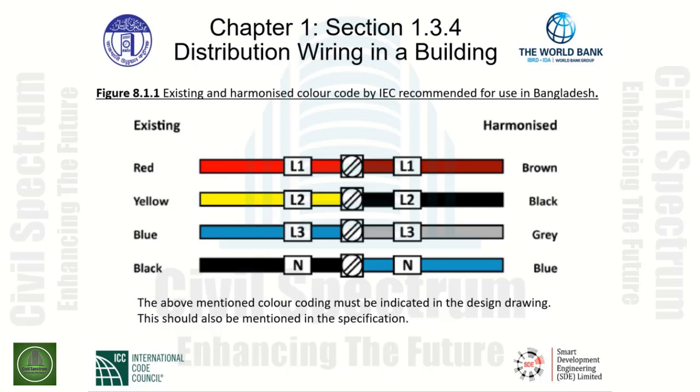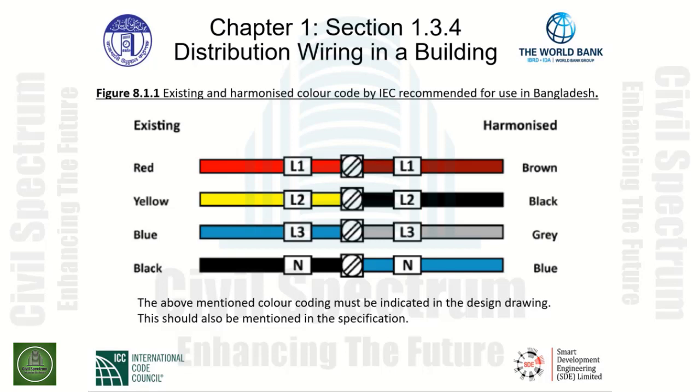Once the installers have the approved electrical drawings and specifications, they will see the new colors that are indicated in these construction documents and properly install the correct color coding on the conductors and system accordingly.